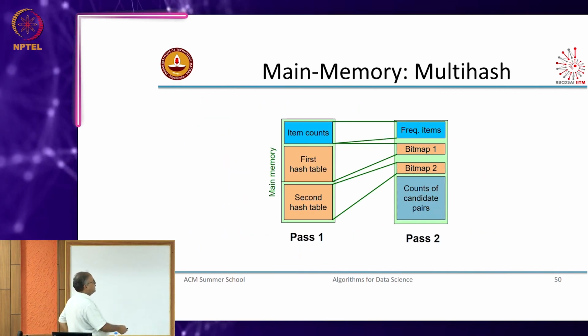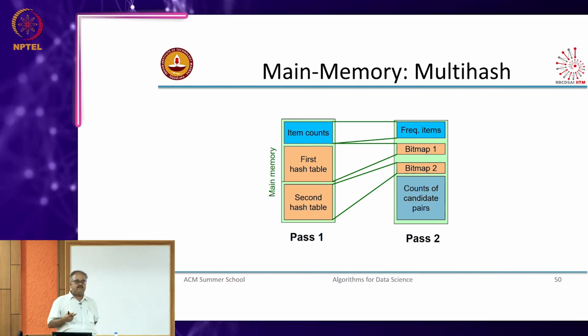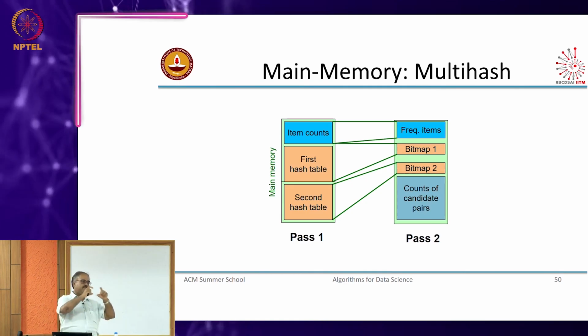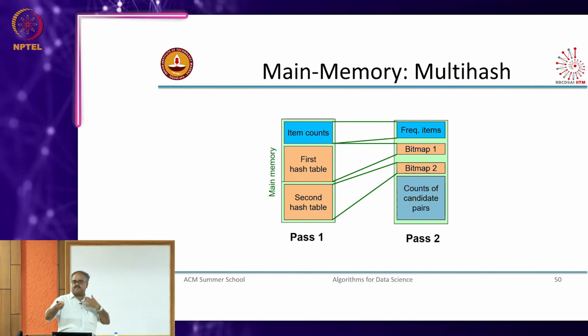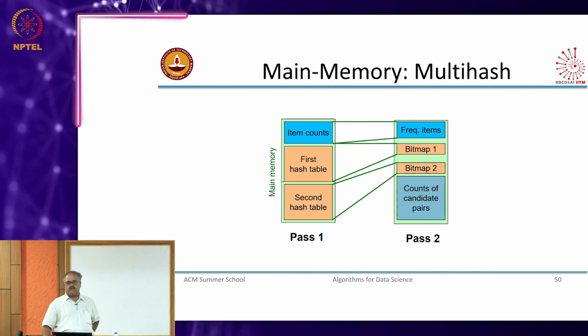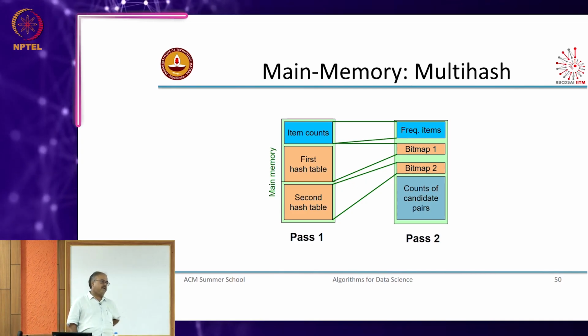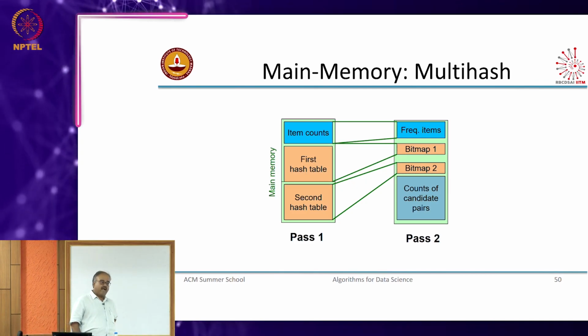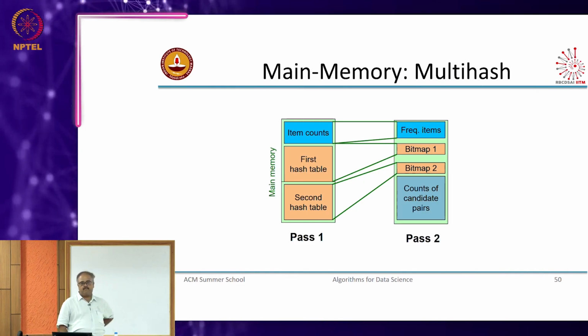When we do the first item count itself, we use 2 different hash functions. We have two different sets of buckets, and these are 2 independent hash functions, therefore the collisions would be different. Therefore, unless you hash to a frequent bucket under both hashes, you do not count the pair.